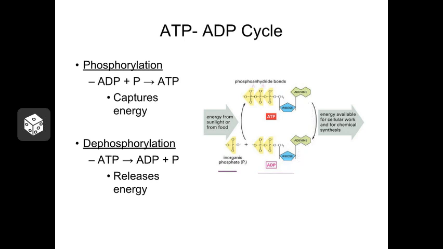Now we need to recycle this ADP back into ATP. So what can we do? Well, we're going to put that little phosphate together with the ADP, forming ATP again, capturing that energy inside ATP.